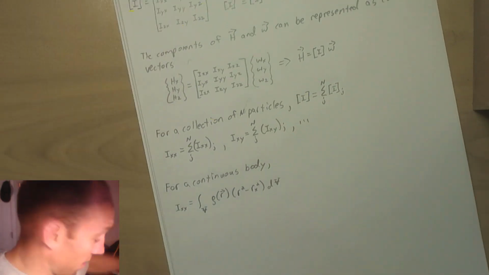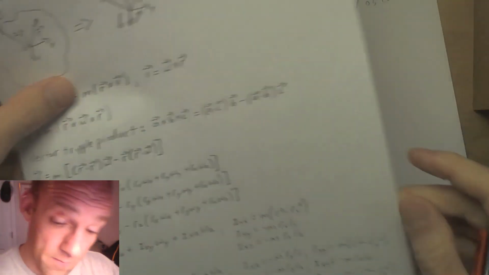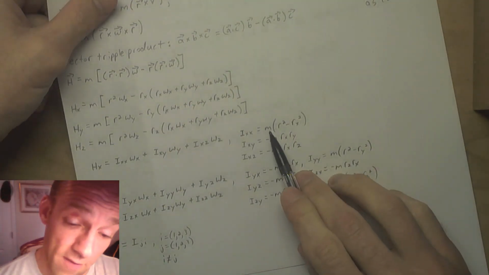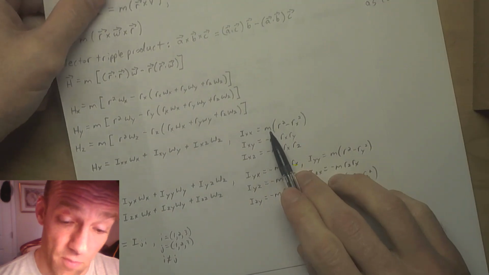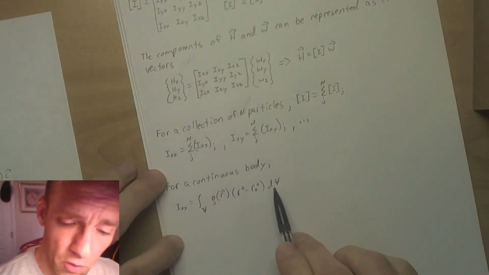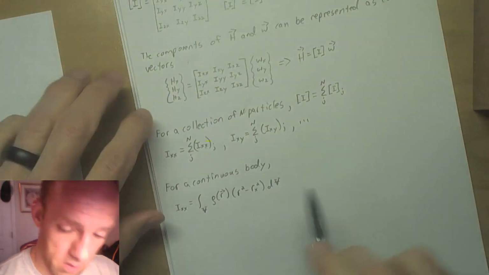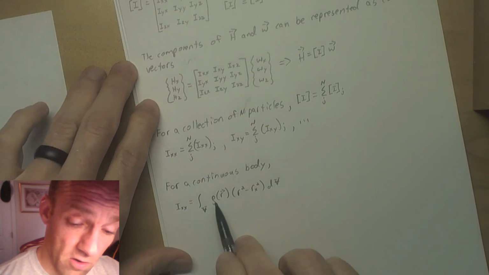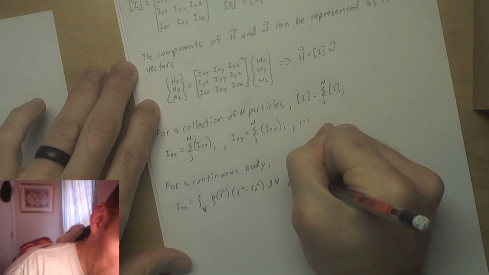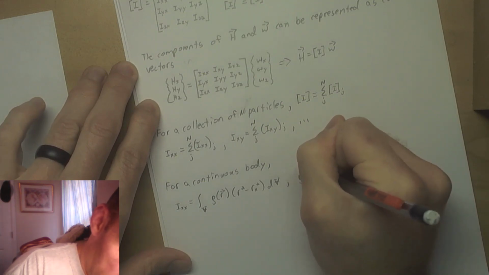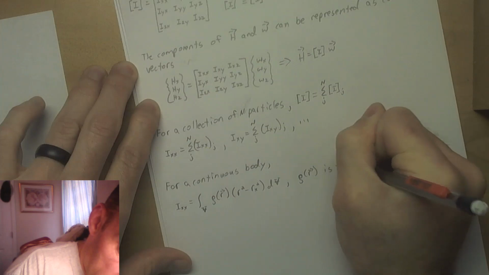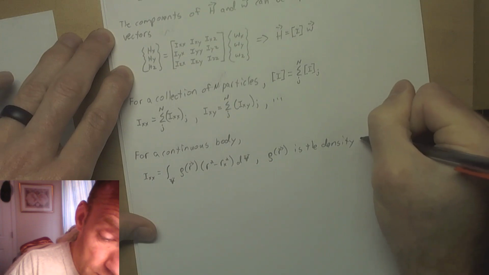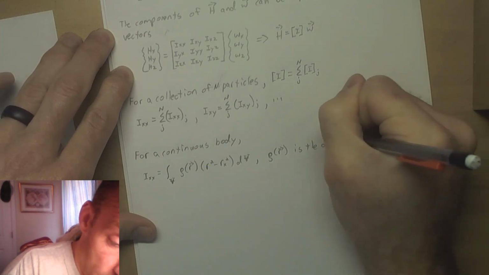So you can see the similarity between this and this, whereas now, rather than simply having the mass of the particle, we have to integrate over the volume of the particle. But it's essentially the same, where rho is the density, the mass density, just to be super precise.